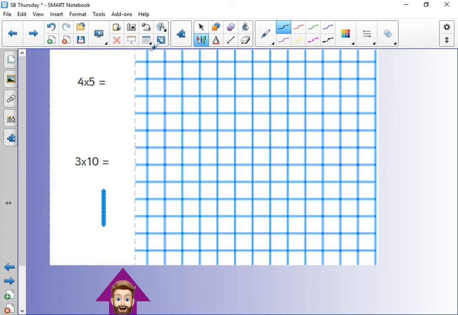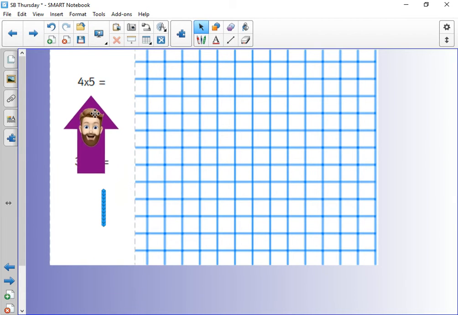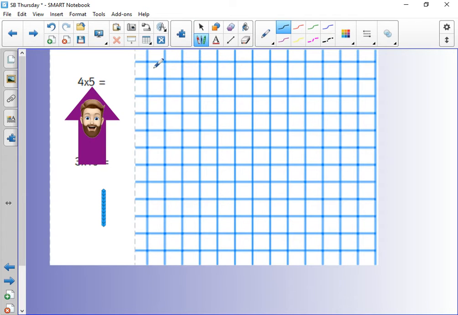Okay, this time we've got, read it with me, 4 multiplied by 5 equals. So I need 4 groups of 5. So I'm going to draw my first group of 5.